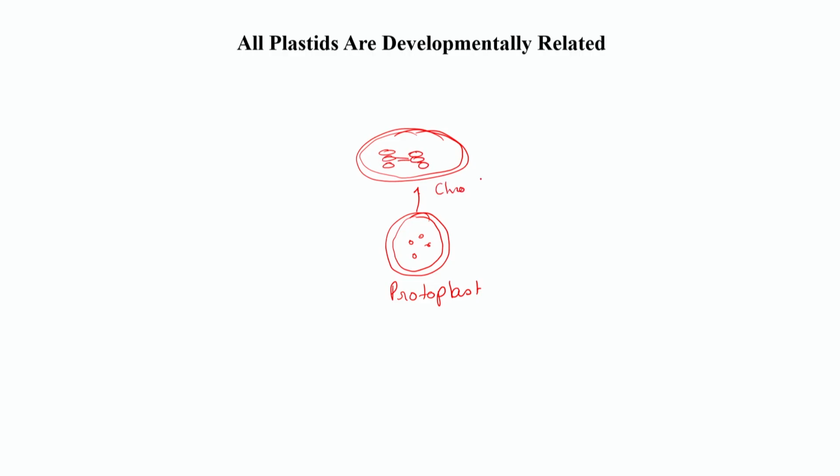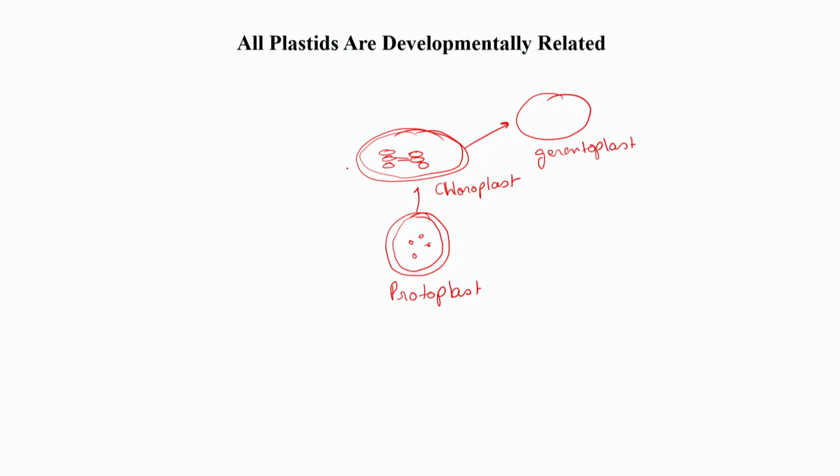Now basically all plastids are developmentally related. So we have learned that all plastids arise from proplastid, which is a double membrane structure having vesicles. This will be converted into chloroplast having thylakoids and grana. In aging leaves, they will be converted into gerontoplast.